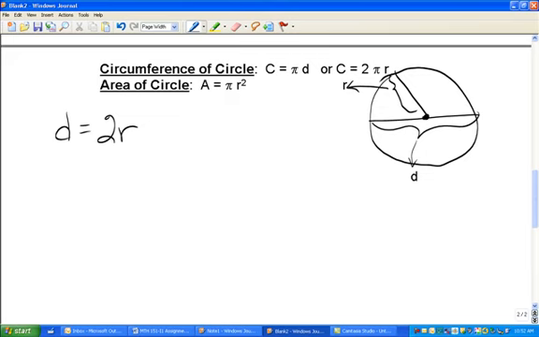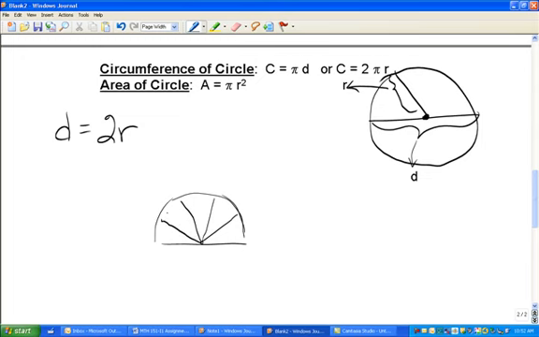And our book goes into quite an explanation of where this formula comes from. If you look at the bottom of page 558, they take the circle and cut it in half, so you have two semicircles. So here would be one of your semicircles. They cut from the center out almost, not quite to the edge.